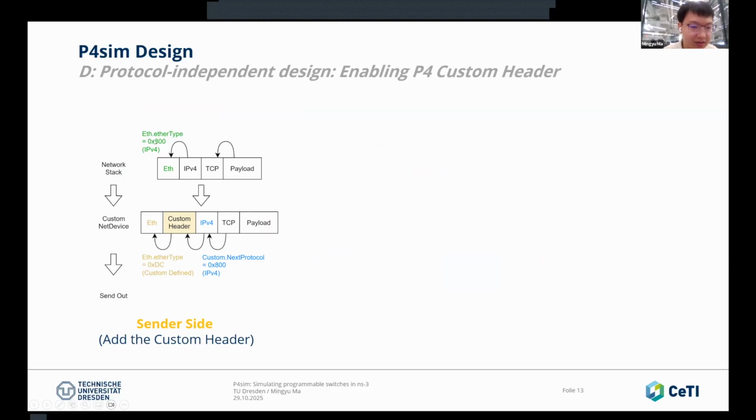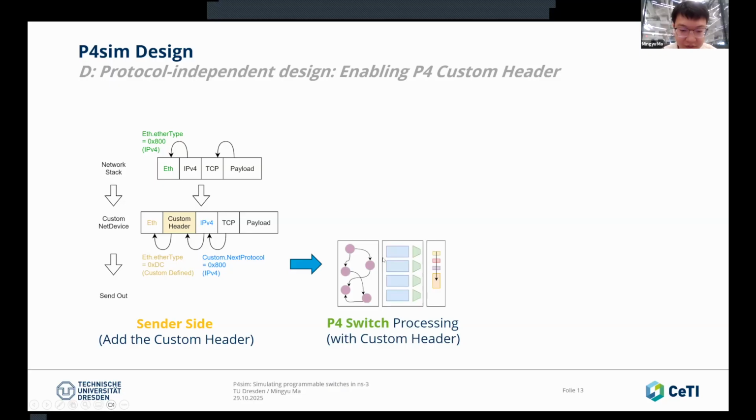If we have a packet we want to send in the network stack, we add the custom header to it, and then send it out. We will also check the Ethernet type or next protocol field of the header, to make sure it can be parsed or deparsed correctly. After that, it will be sent out, then go to the P4 switch and be processed with the custom header.